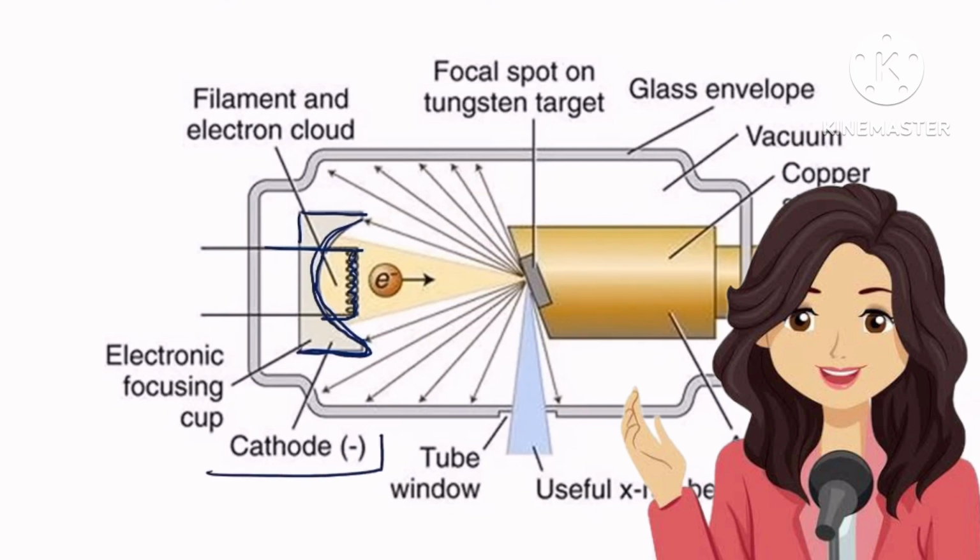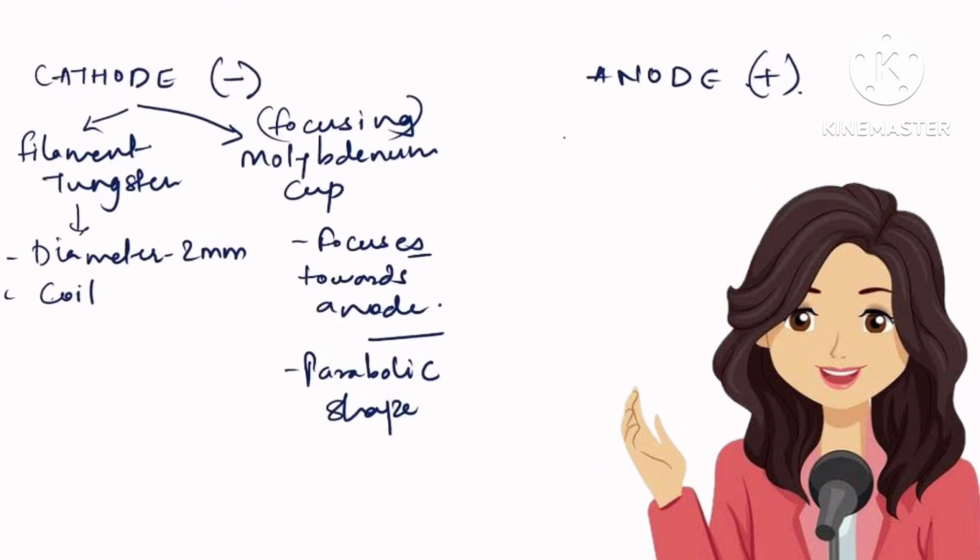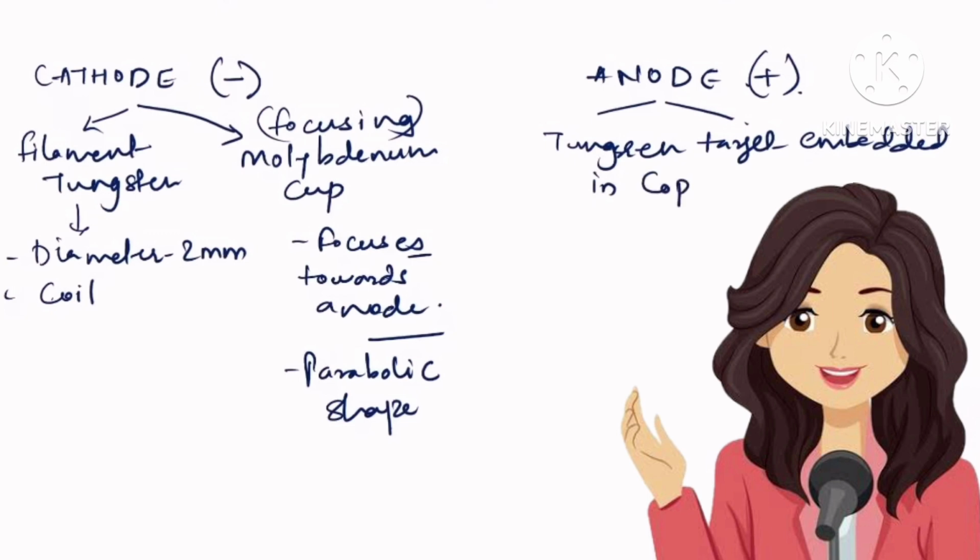Now we'll move on to the anode. The anode consists of a tungsten target embedded in a copper stem. So the anode is basically made up of a tungsten target embedded into the copper stem. What is the importance of this copper stem?